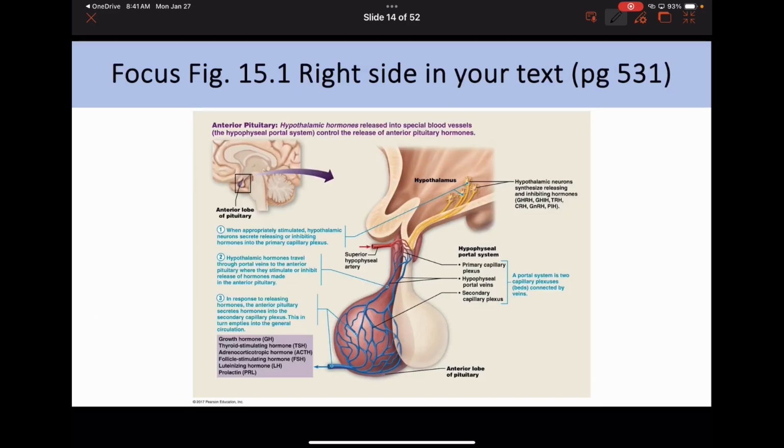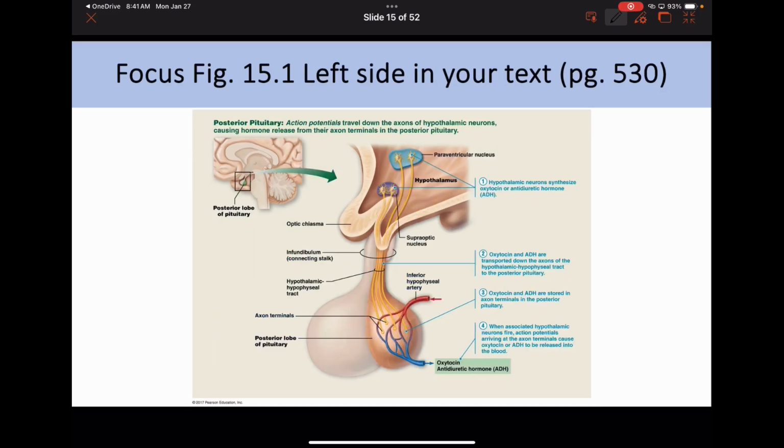Okay. All right, this is just showing you the diagram in your textbook, which looks much better than my drawing, but it takes you through the same steps that I talked to you about before with the portal system there. It'll give specific names to those capillary plexuses or blood vessels, but you don't have to know those.